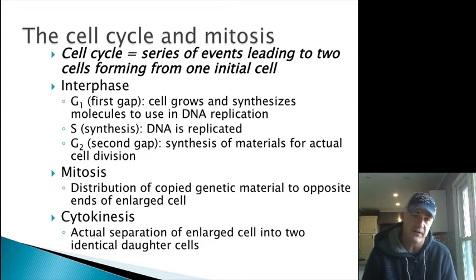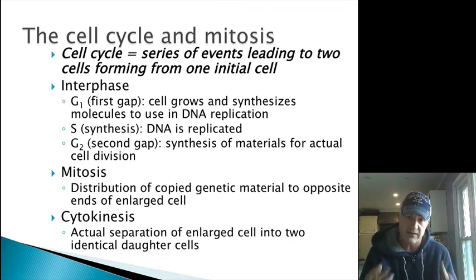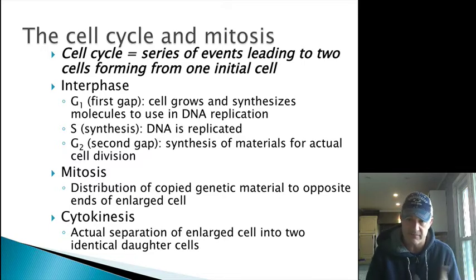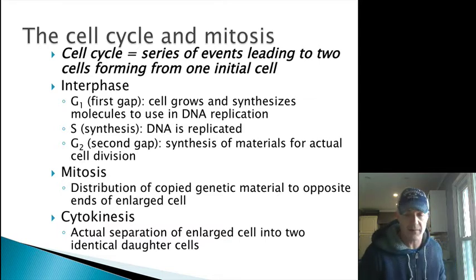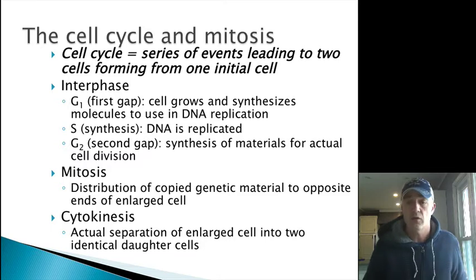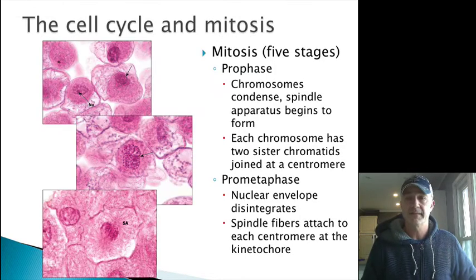Interphase, which is a combination of that G1 phase, the getting ready for the move, the S phase, which is the Xerox, the copying of all the DNA phase, and then G2 is that synthesis of the stuff that is needed for the cell division. That gets us into those stages of mitosis where that copied genetic material is going to get moved into two separate cells, which are separated by cytokinesis, which is that cytoplasmic separation of the two daughter cells.